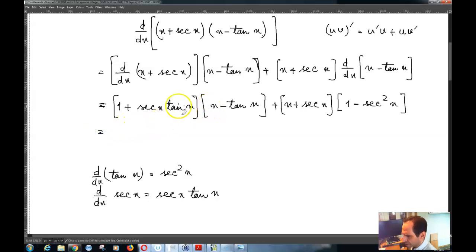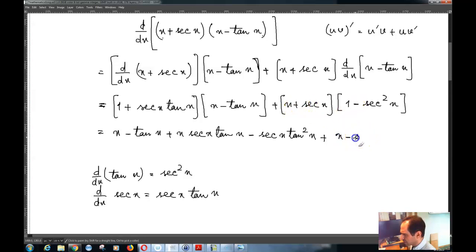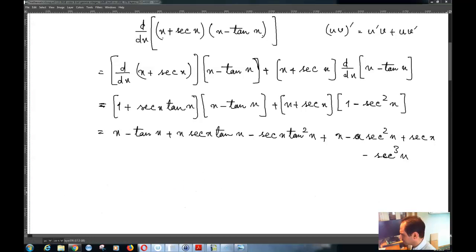So that's the same thing as basically x minus tan x, x plus x times secant x tan x, minus secant x tan squared x, plus x minus x times secant squared x, plus secant x minus secant cube x.